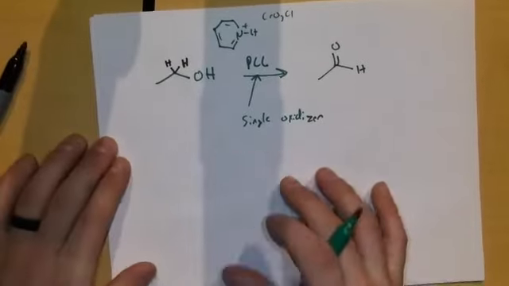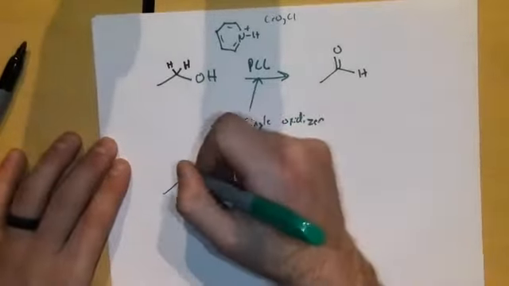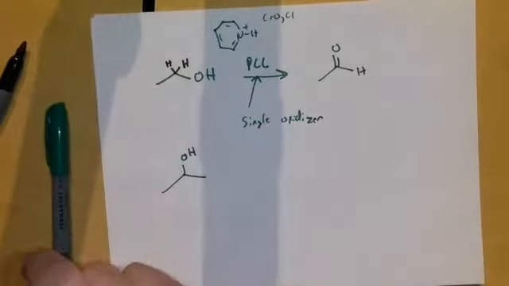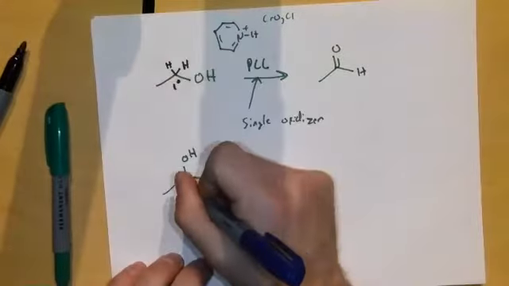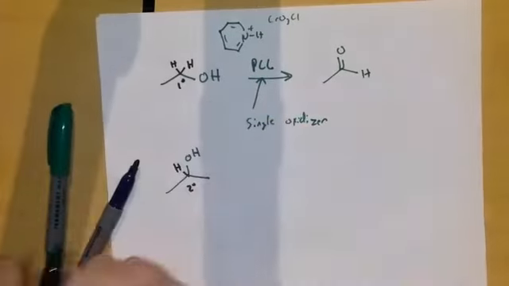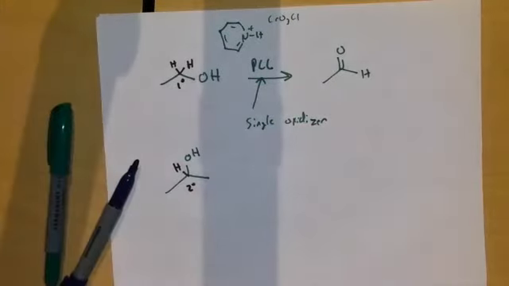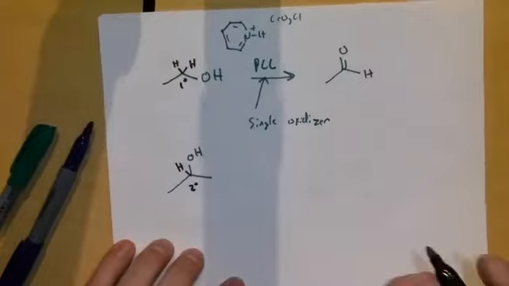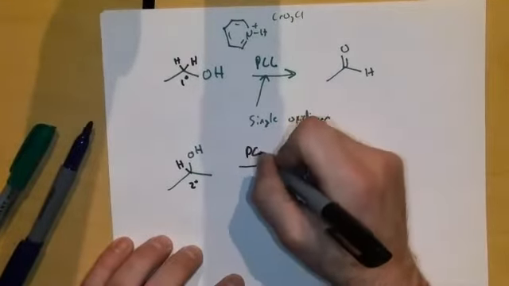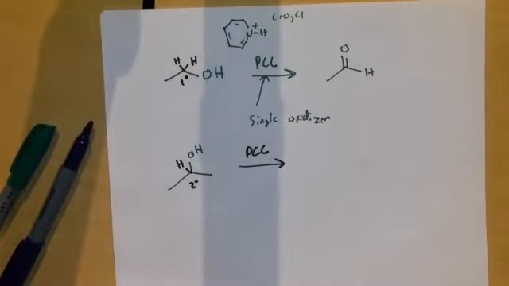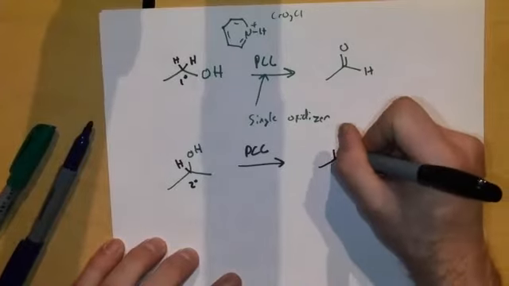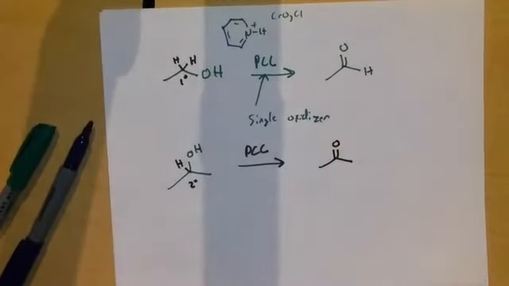If we use a secondary alcohol, we've only got one H. When I throw in PCC, this will still do a single oxidation to give me a ketone.